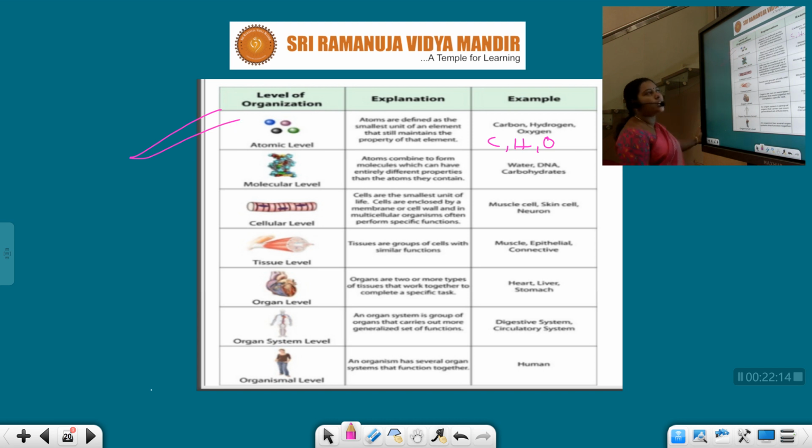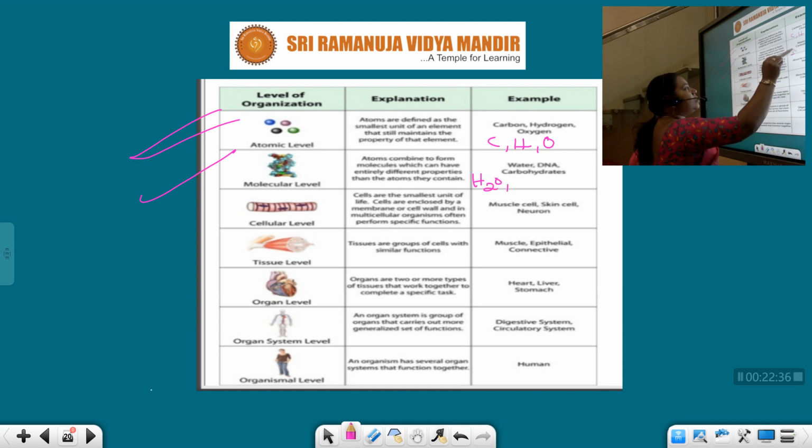Molecular level. Atoms combine to form molecules, which can have entirely different properties than the atoms they contain. What are those, children? Water, carbohydrates, DNA or proteins you can say.